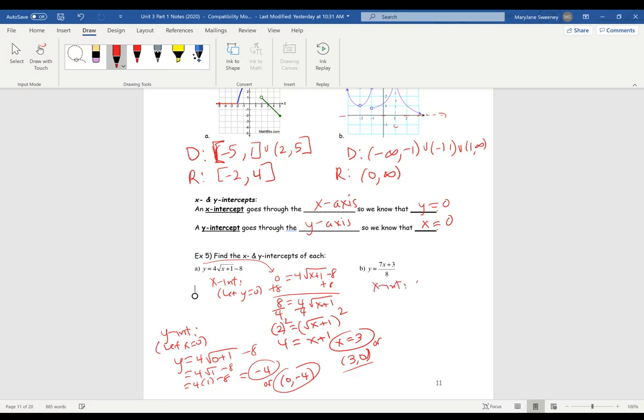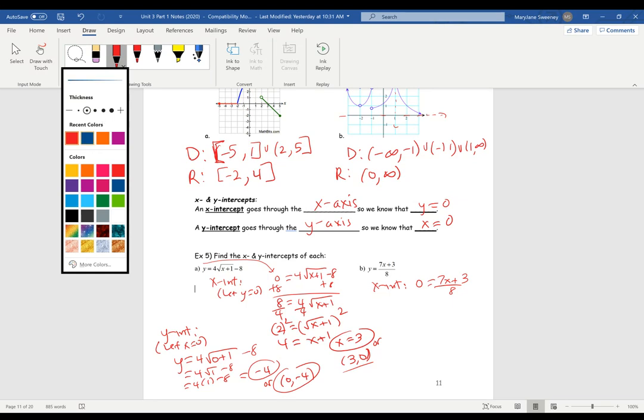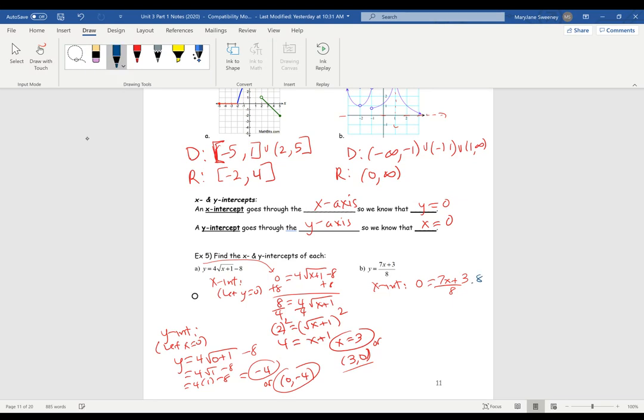X-intercept here, let y be 0. So if I were solving that, I would say times 8, times 8, minus the 3, negative 3/7.